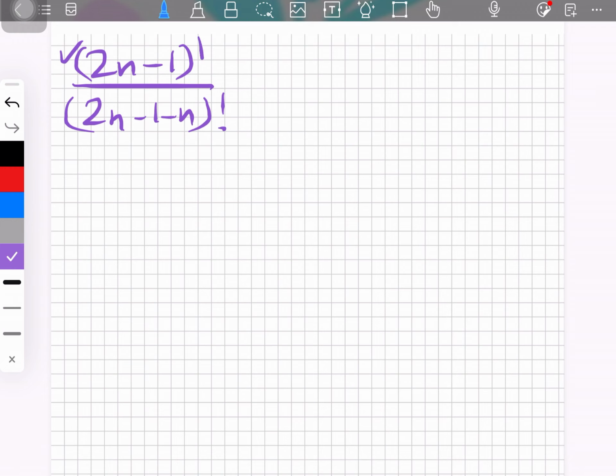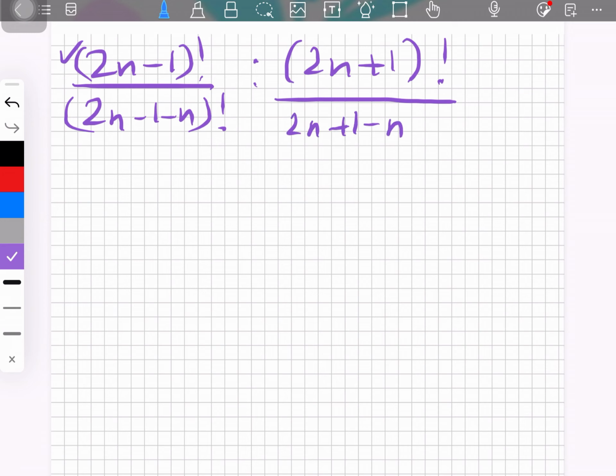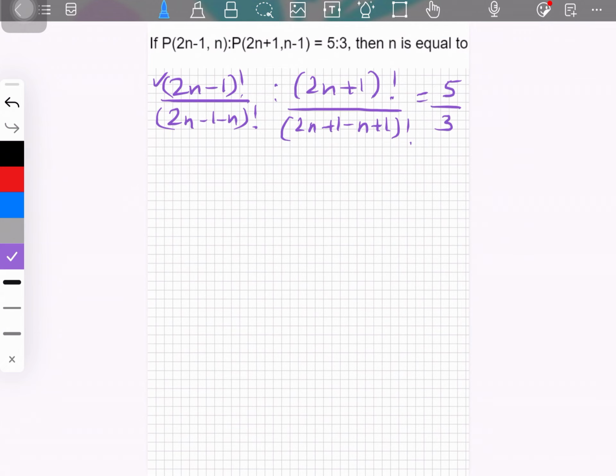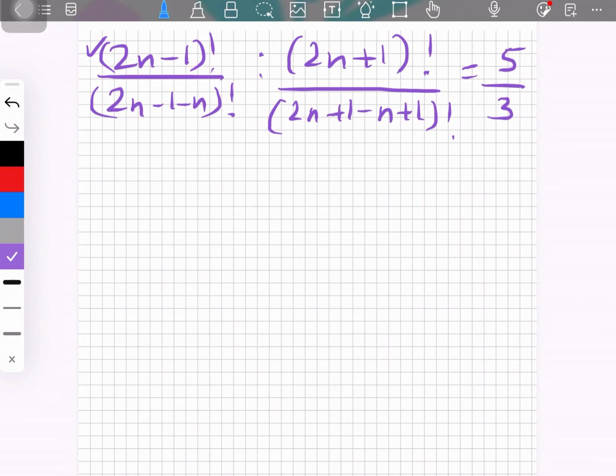I hope you are familiar with the concept of factorial, else learning about permutation and combination is going to be really difficult. And the second is 2n plus 1 factorial over 2n plus 1 minus n plus 1 factorial, is equal to 5 over 3. Yes, so we just applied the formula that we previously saw, and now let's start solving it.